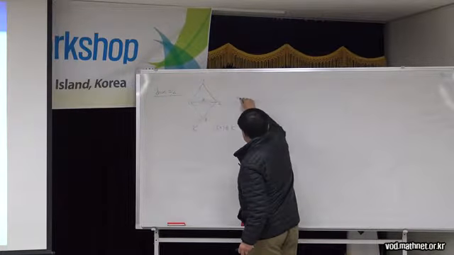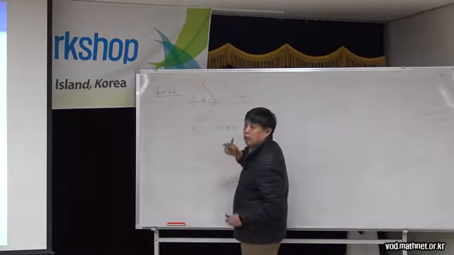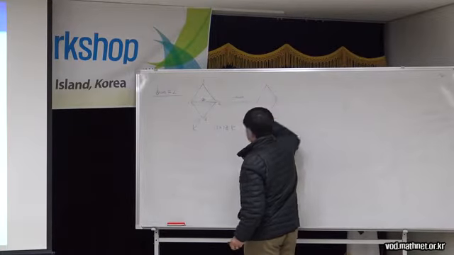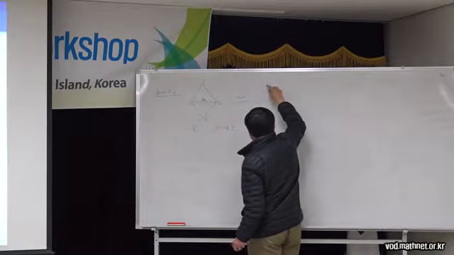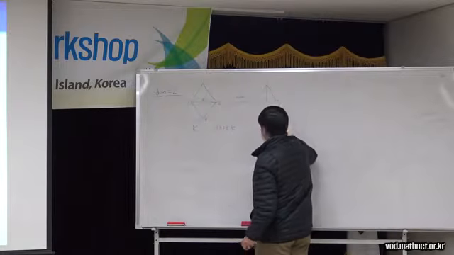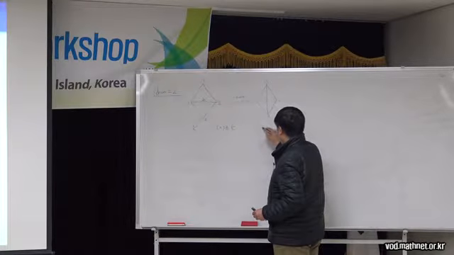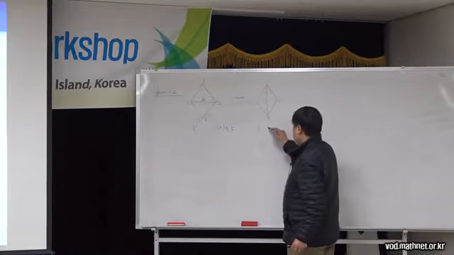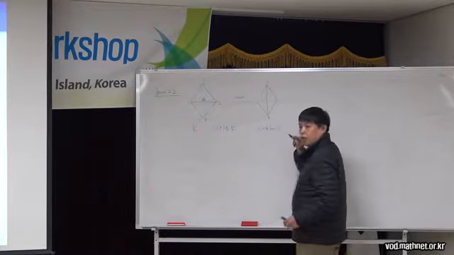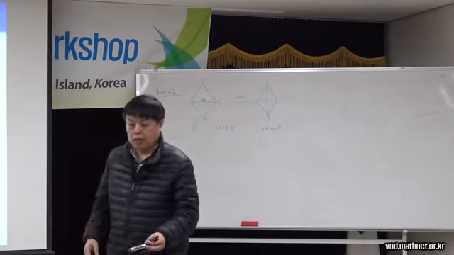You just remove this part and then union the new part. Geometrically, you just remove this edge and add this new edge. In this case, the edge 1, 2 will not be in the new triangulated surface, and 3, 4 will be in the surface.